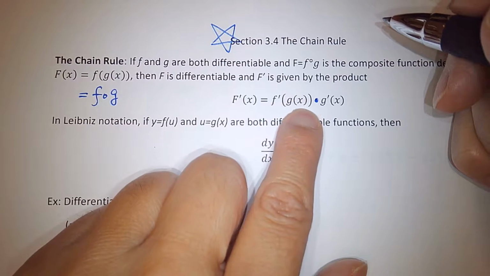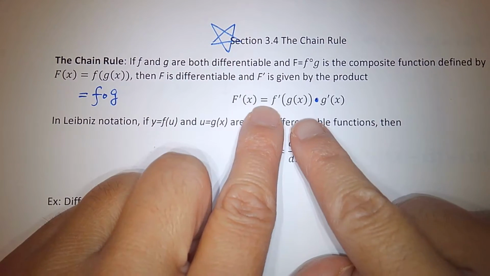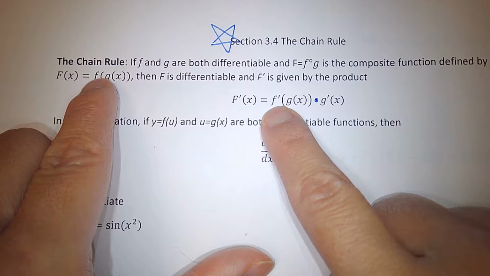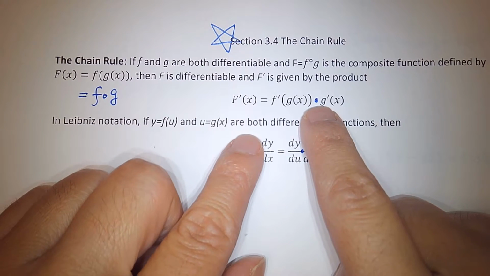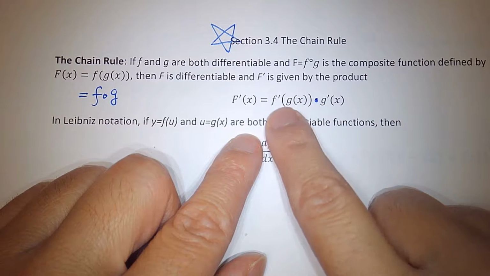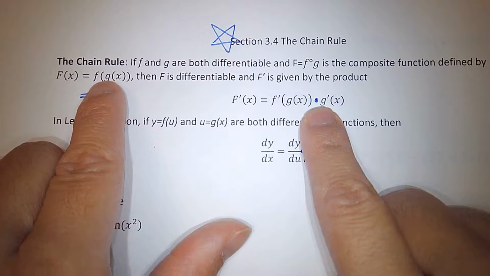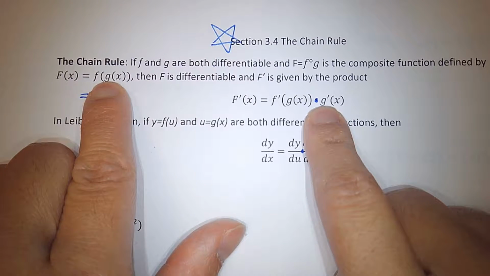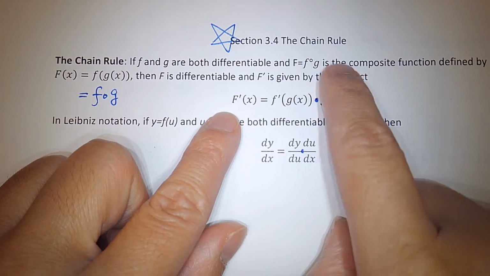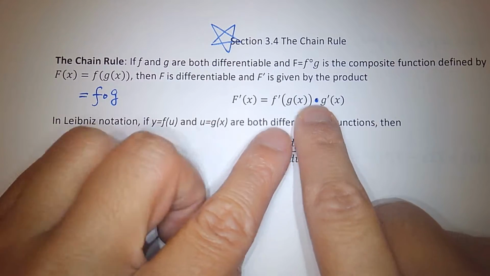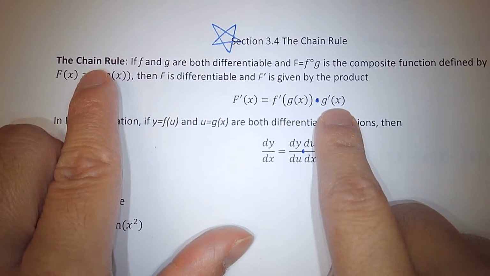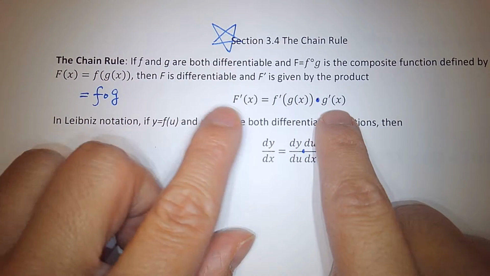The first factor in the product is the derivative of the outer function f. And then the second factor in the product is the derivative of the inner function g. So we can tell that the derivative of the composite function is a product of differentiations from both the outer function f and the inner function g.